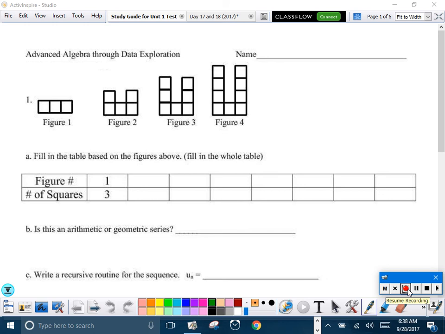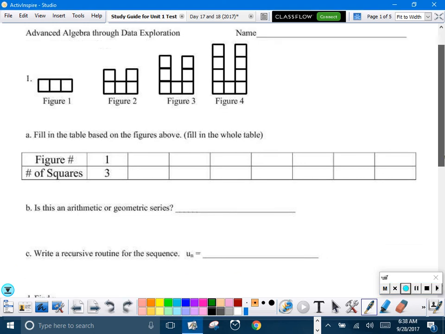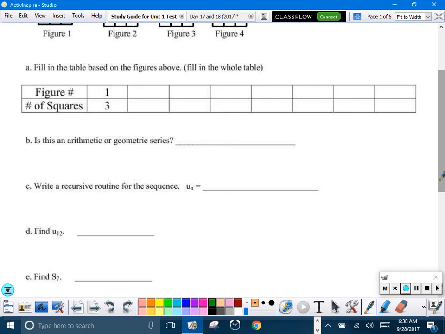All right, so number one, fill in the table based on the figures above. So looking at this, we know the top row, figure 1, 2, 3, 4, 5, 6, 7, 8. Number of squares, okay, that's pretty basic, I think. Pretty easy, right?